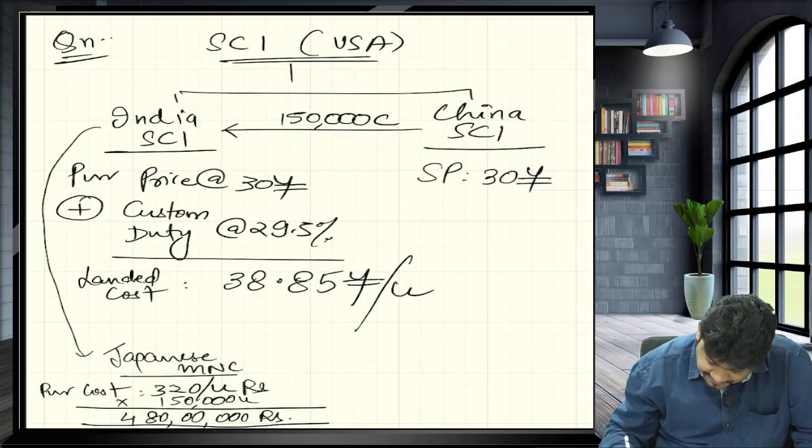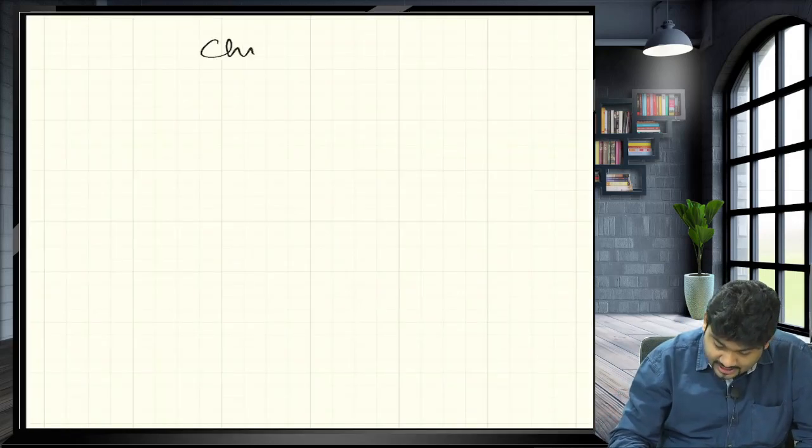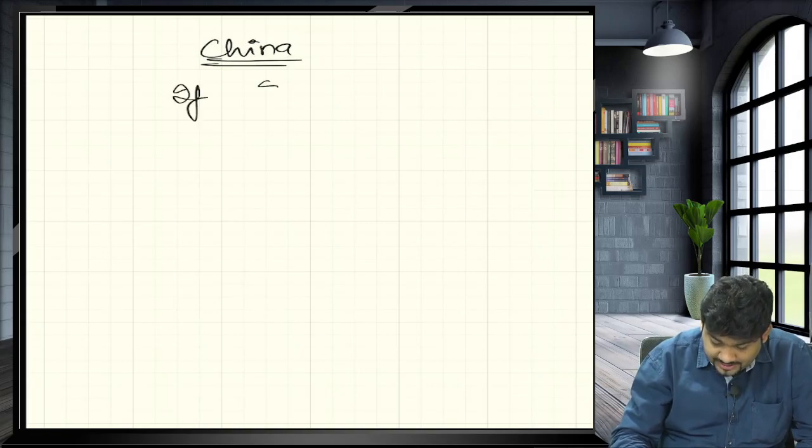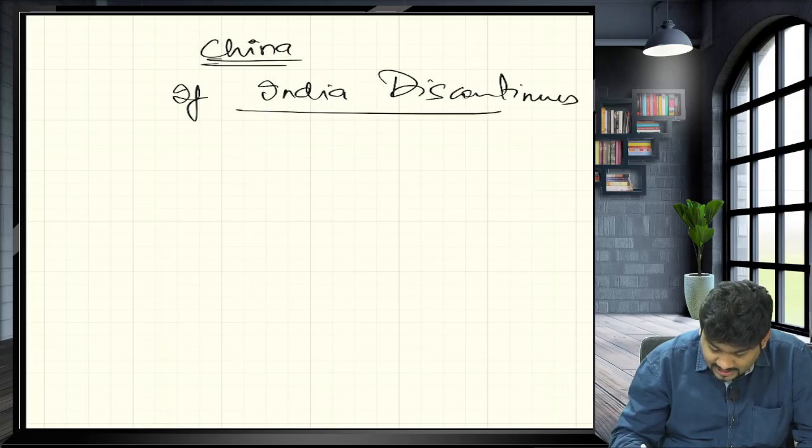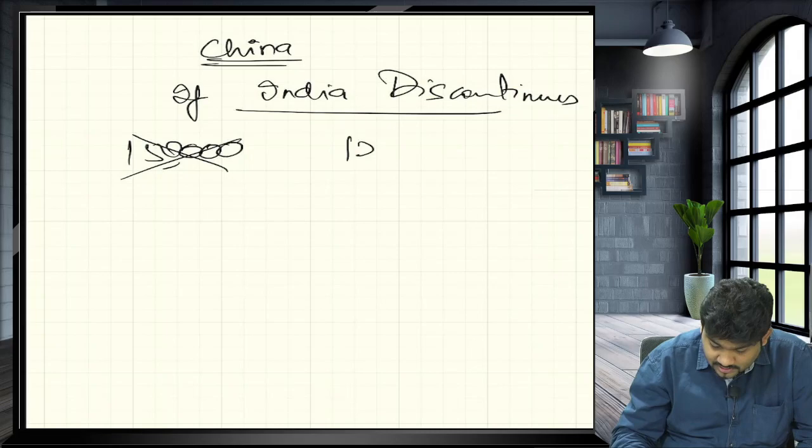So China is saying that, sir, if India discontinues, what will happen? Instead of 1,50,000, how many units? 1,20,000 units will be sold, correct?